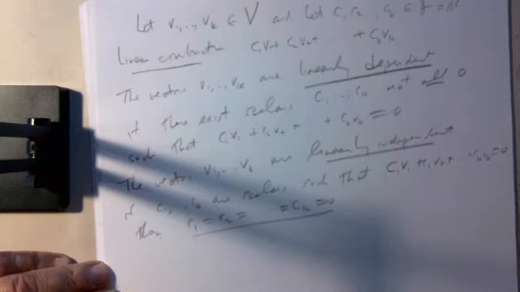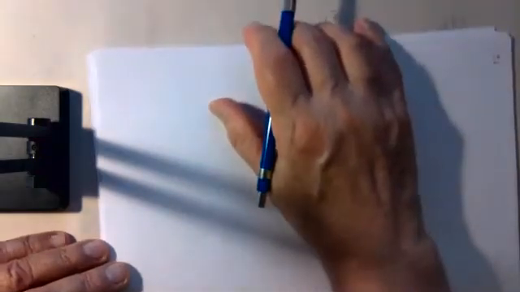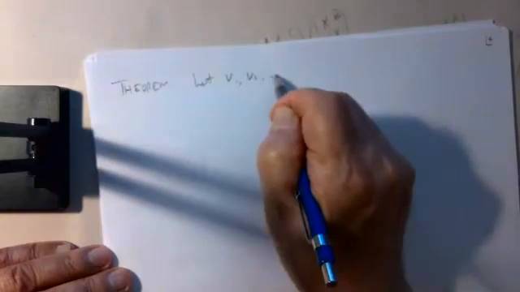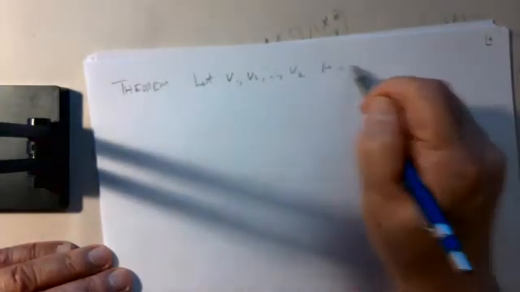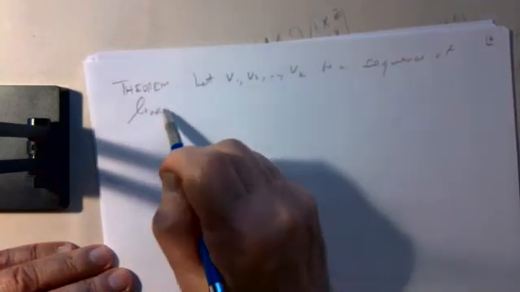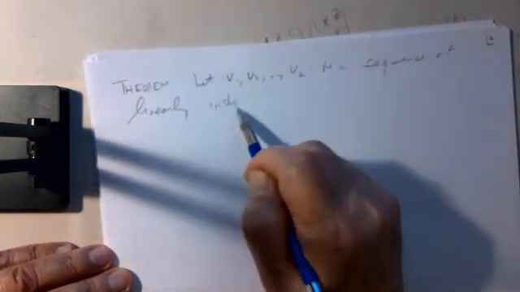Now, the first important theorem about linear dependence and independence says the following. Suppose we have a sequence of linearly independent vectors.